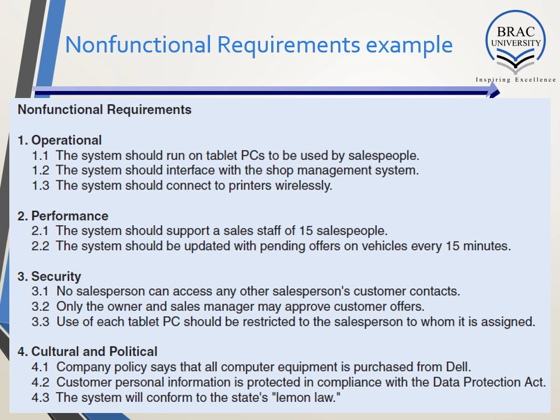It can run on Windows, Mac, or Linux. Suppose there is a shop management system, it should interface with that system. There is a wireless printer, so the system can connect to the printer wirelessly. So these are the operational.